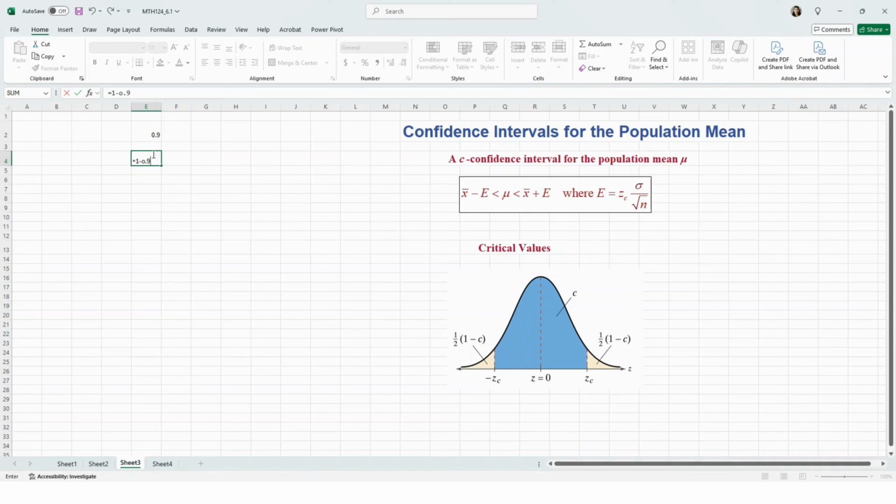We have to convert to the decimal value. Then you will see that this is the total area of the yellow region. To get each one, I will divide by 2. Then you will see that 0.05 is for each yellow region.